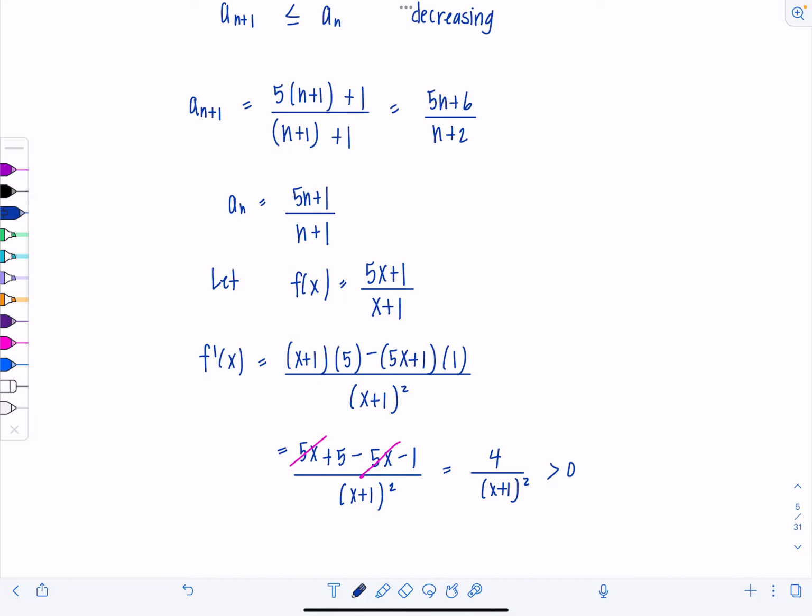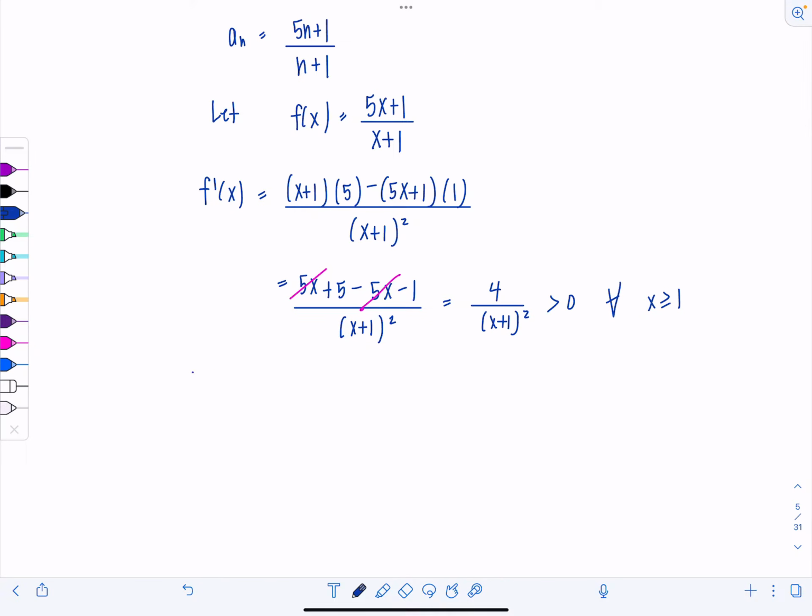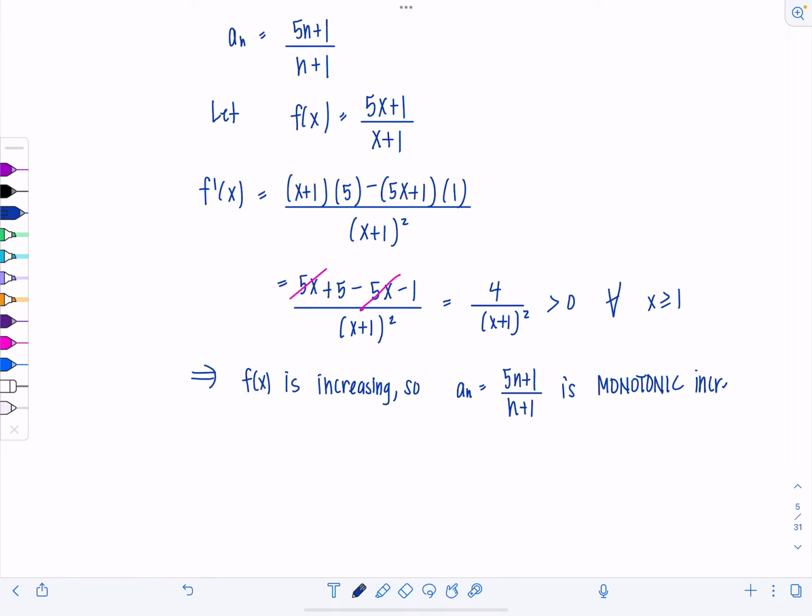I'll say it's greater than 0 for all x greater than or equal to 1, because usually we start our sequences at 1 anyways. So what does that tell me? If the derivative is positive, that means f(x) is increasing. So a_n, which equals (5n+1)/(n+1), is monotonic, increasing also.